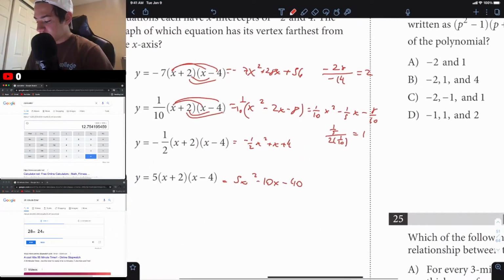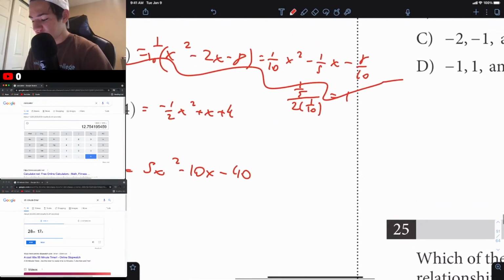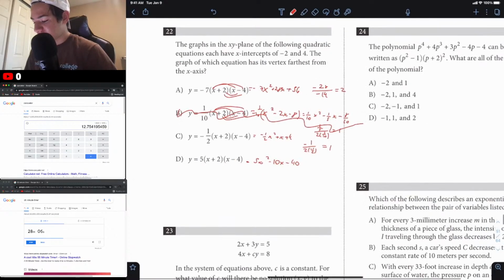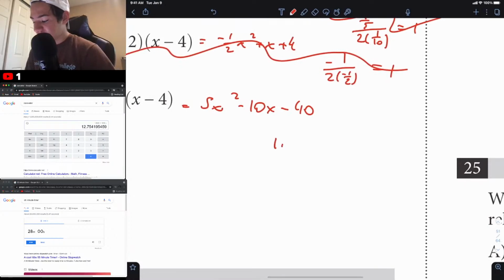Okay. So this one is out right off the bat, because 1 is already further than 2. And then this one, negative b, so negative 1 over 2 times negative 1/2. So that's negative 1 over negative 1, which again is just 1. So this is out as well. And then for this one, if we do negative b, we get 10 over 10, which is bad. So it's a.